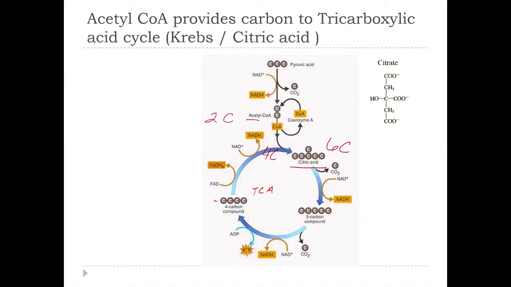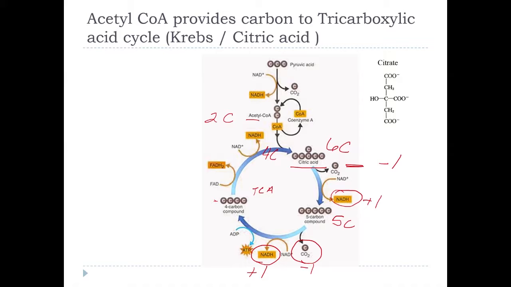So the first thing that happens is a reaction in which we lose a carbon dioxide, so we minus 1 carbon here. That produces a 5-carbon compound, and we've broken a carbon-carbon bond, and in that process reduced a little bit of NAD back to NADH. That happens again in another step. So we lose another carbon, and we produce another NADH.